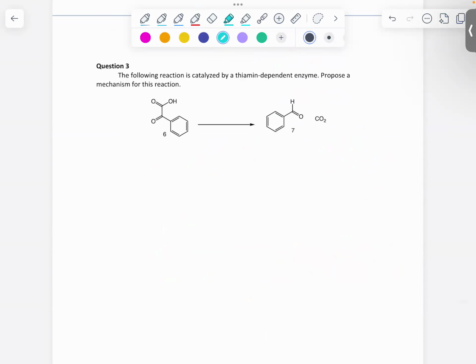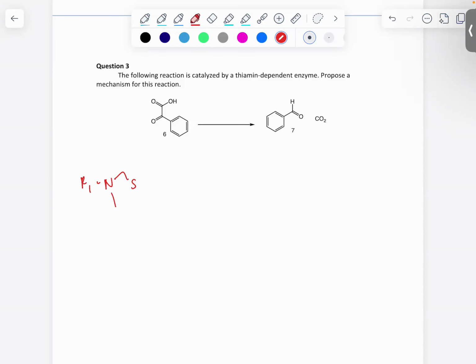Next, we have a reaction catalyzed by a thiamine-dependent enzyme. And so for this one, we want to know the structure of thiamine. And really the main takeaway with these is what purpose the PLP and what purpose the cofactors serve and what reactions they most notably participate in.